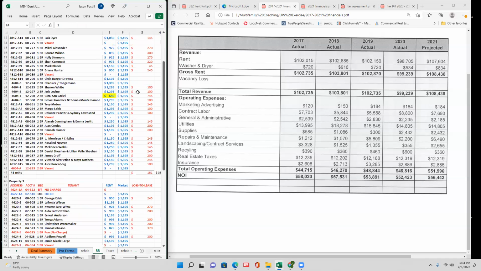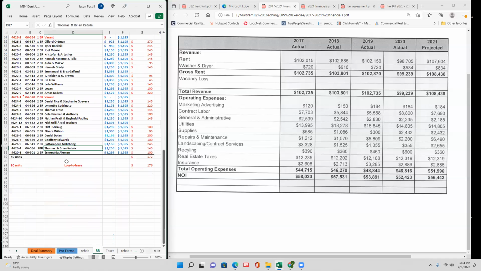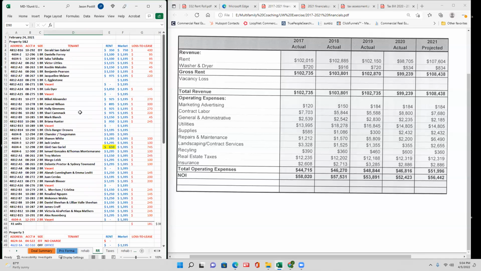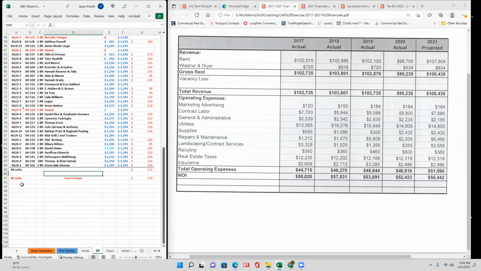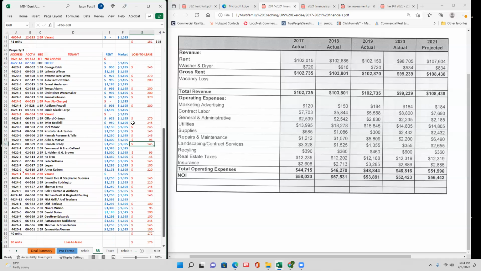Yeah, I mean, you can import the rent roll right here. This doesn't feed into anything else, but yeah, you should have this whole, there's no formula. Oh yeah, there are formulas.